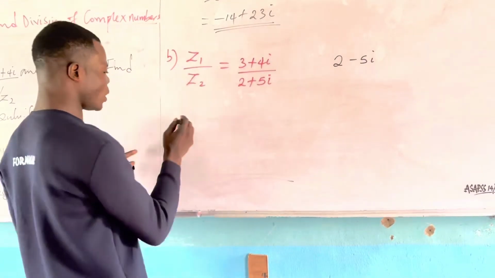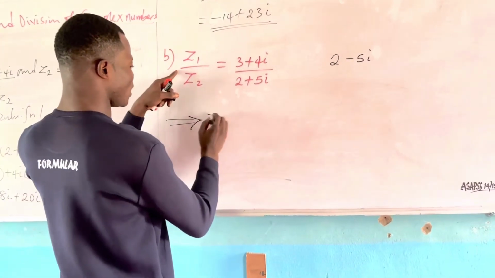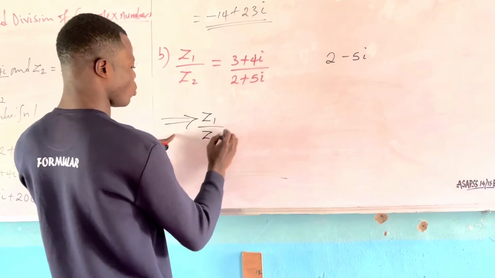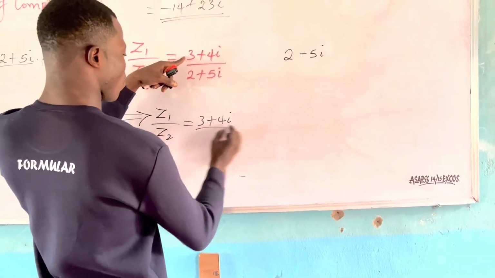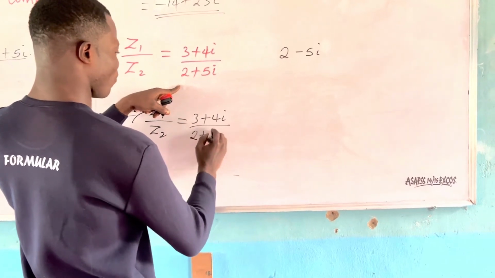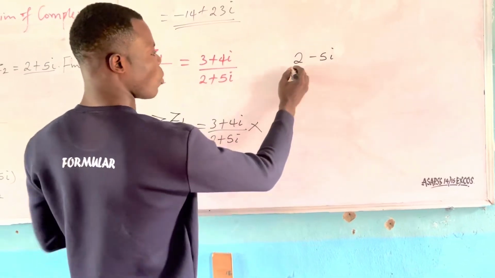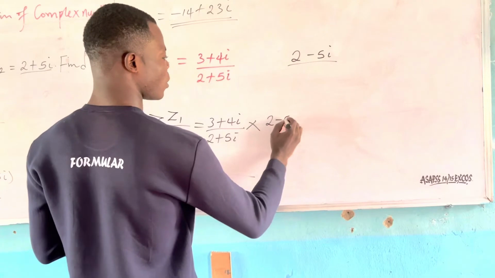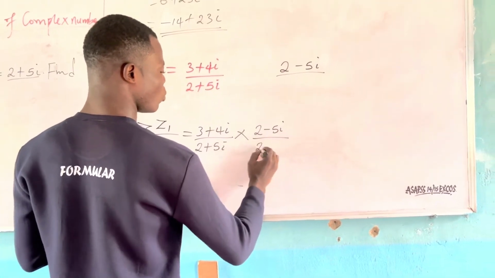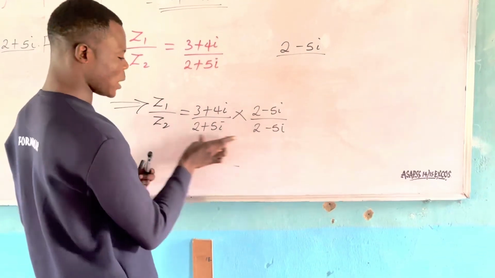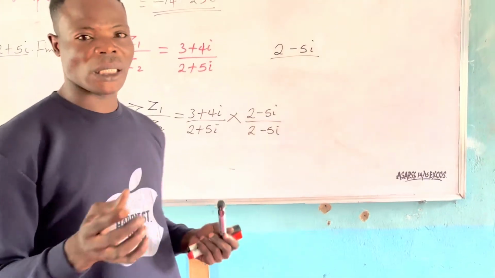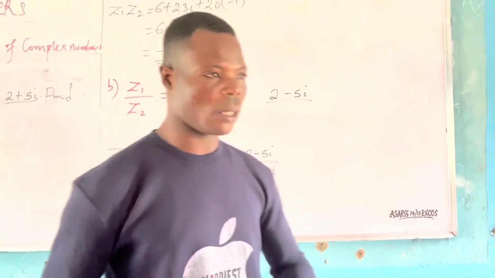So we can now say that our z1 over z2 is equal to 3 plus 4i all over 2 plus 5i times the conjugate, which is 2 minus 5i all over 2 minus 5i. So by the time we multiply this and this, we discover that the denominator will be a real number.